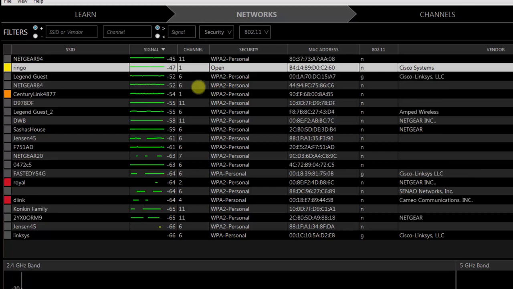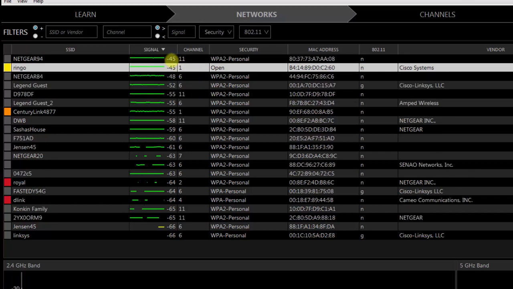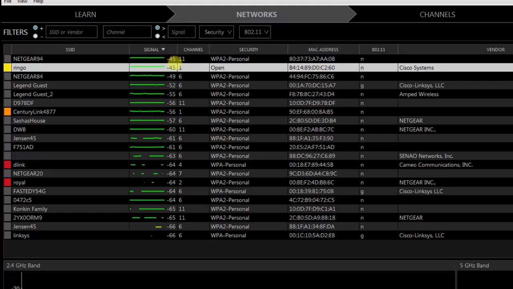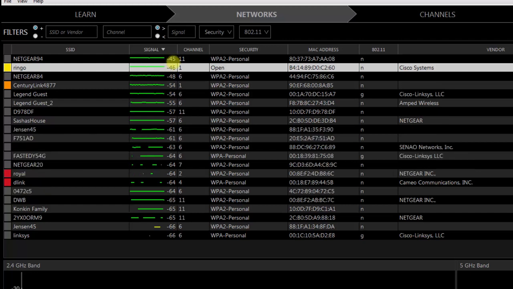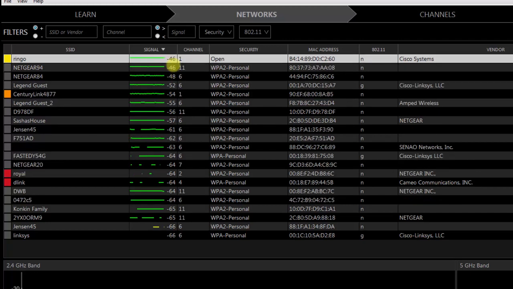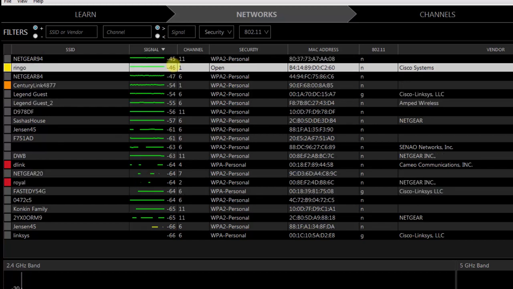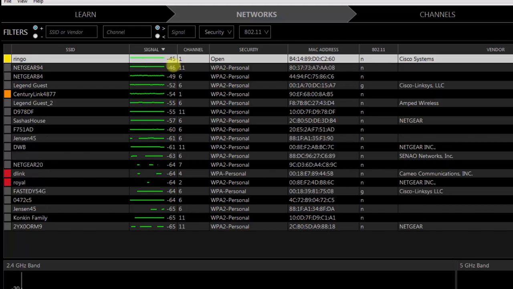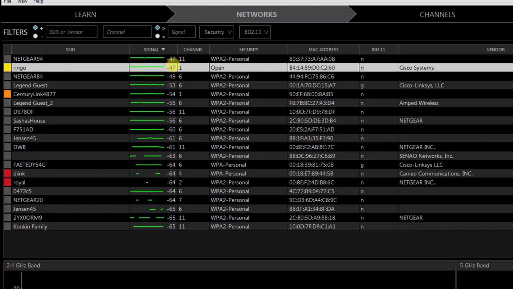It's basically the signal strength the particular access point is putting out, and the lower the number, the stronger the signal. So -45 is a very, very strong signal. You're very rarely going to see anything below, say, -40. FYI, both of these access points are within 5 feet of me, so that's about the strongest signal that you're pretty much going to see.